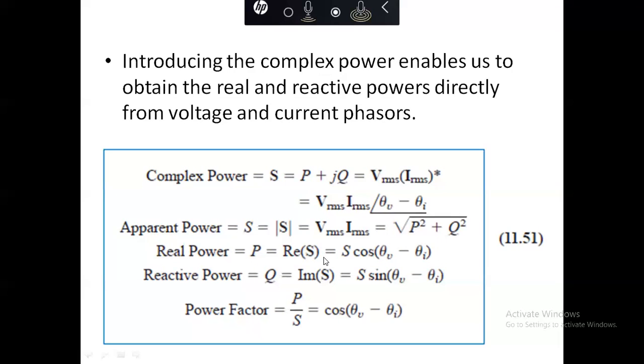The power factor, we know, is the real power divided by the apparent power, so that is the cosine of the angle between the voltage and current phase. So is everything clear here?